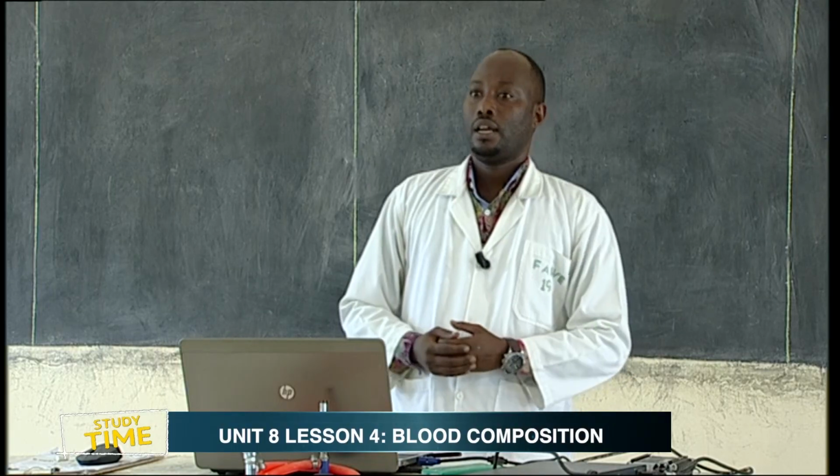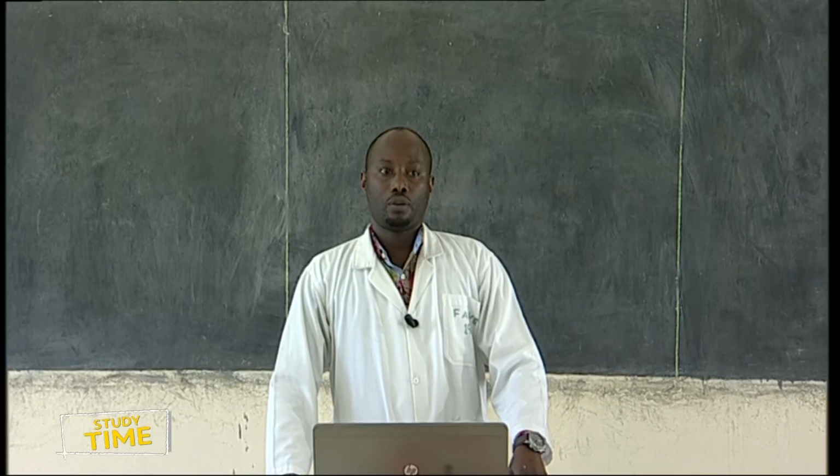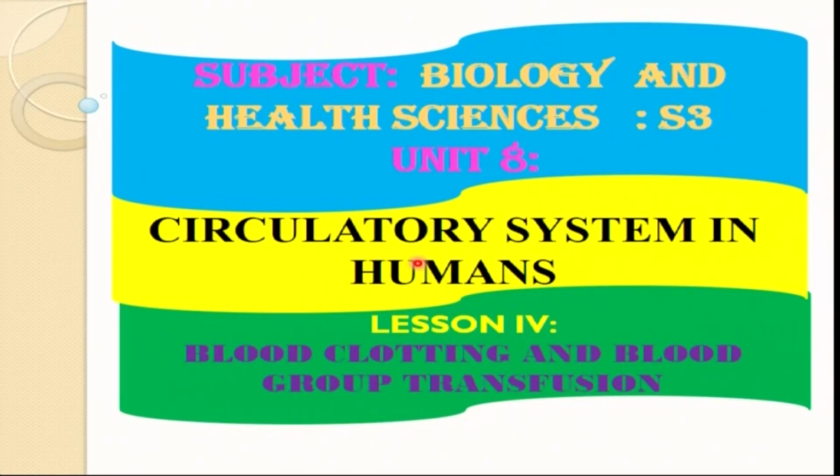Last time we talked about the composition of blood. We said there are a number of components of blood. We talked about blood plasma, which makes almost 90% of the composition of the blood.